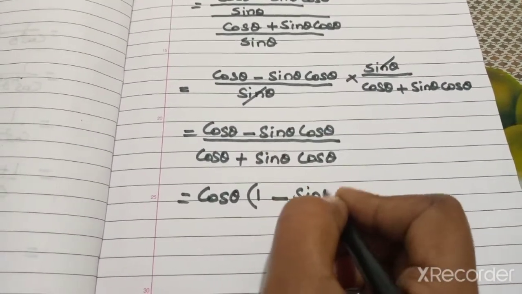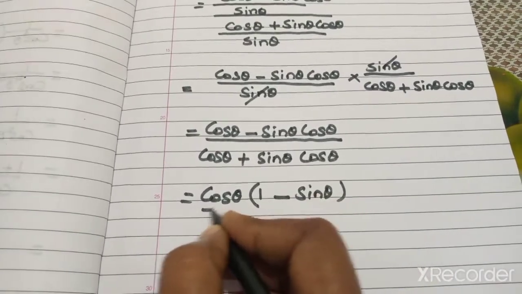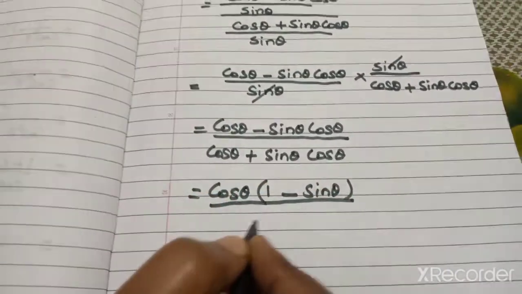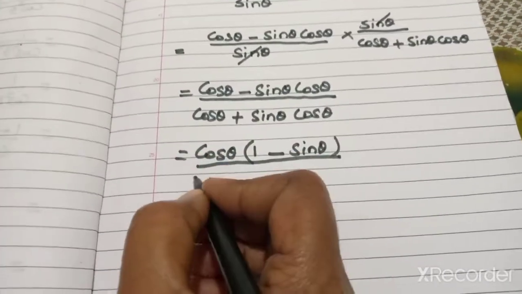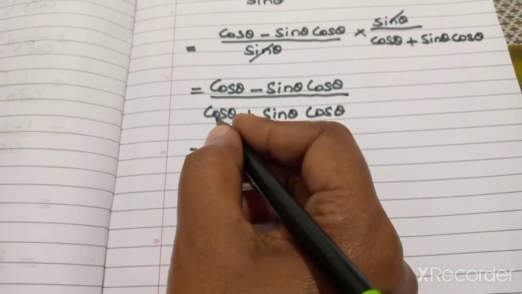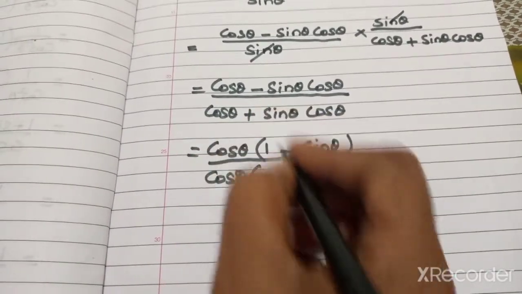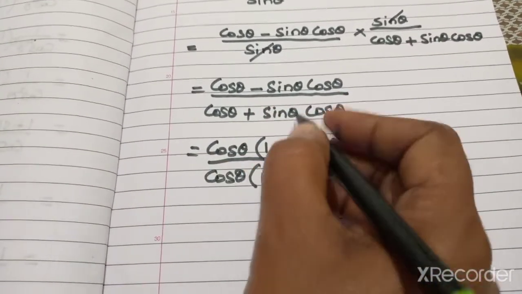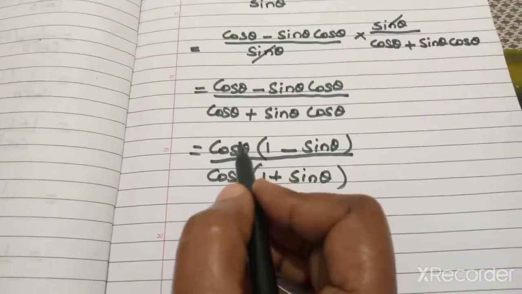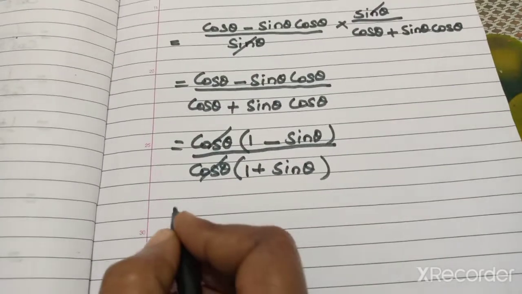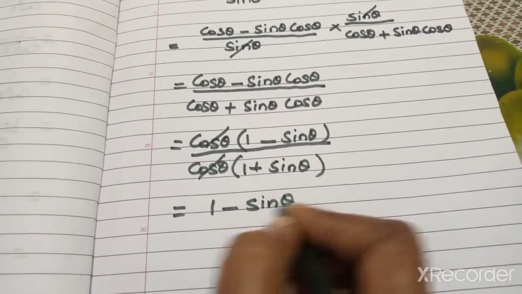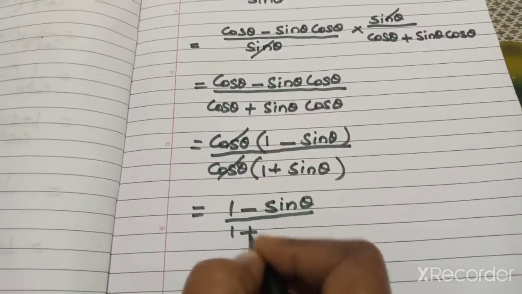The denominator also has the same common term, let us take it out. So cos theta is the common, cos theta into 1 plus sin theta, okay. Now here cos theta can be cancelled, remaining let's write 1 minus sin theta by 1 plus sin theta.